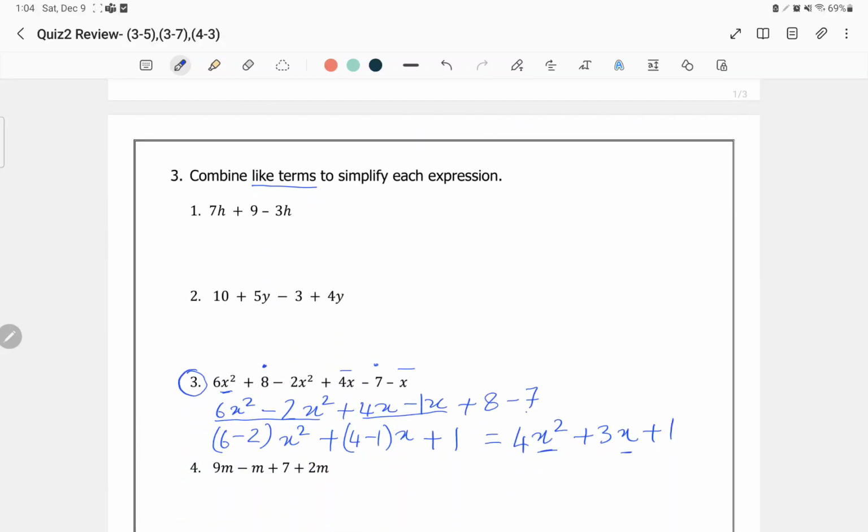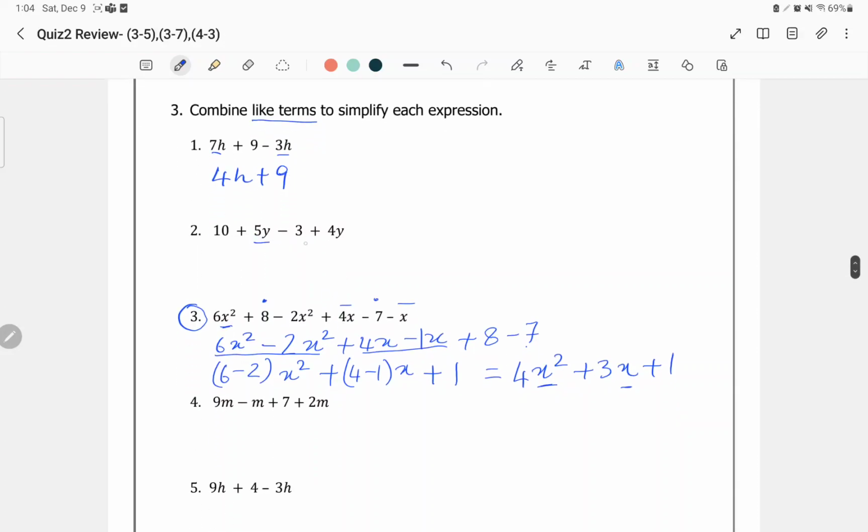Next, simplifying by combining the like terms. So 7h minus 3h gives me 4h plus 9, correct? And 5y plus 4y will give me 9y. 10 minus 3 will give me 7, and the sign is plus because here you have a plus, here you have a plus. So 5y plus 4y is 9y.